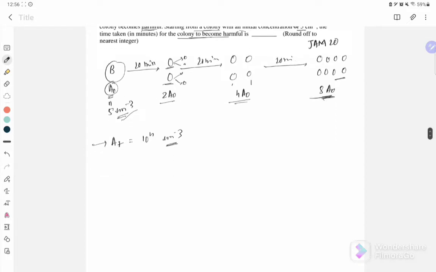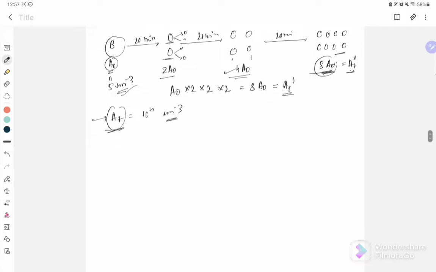Assuming this is AT, the concentration at time T, we need A0 into 2 into 2 into 2, that is 8A0, which I am assuming as AT1.